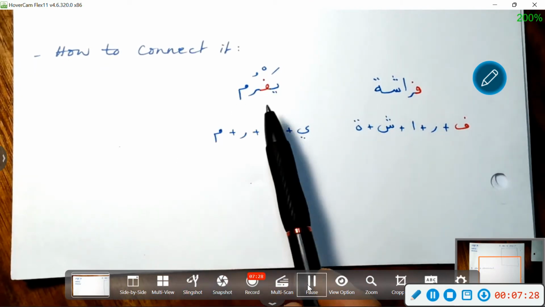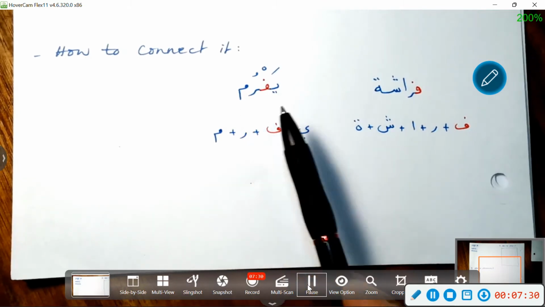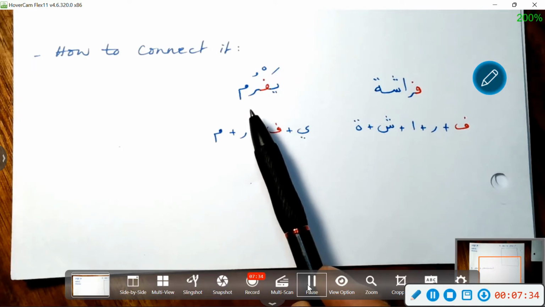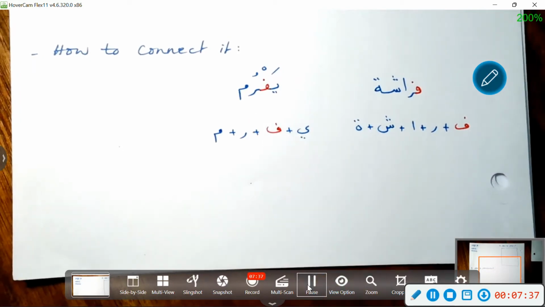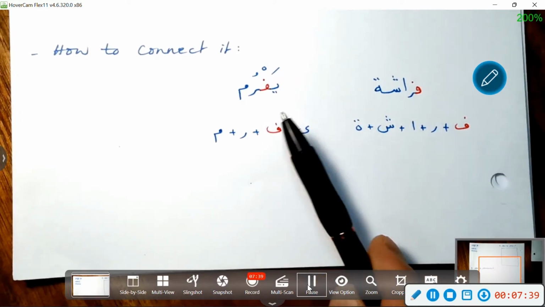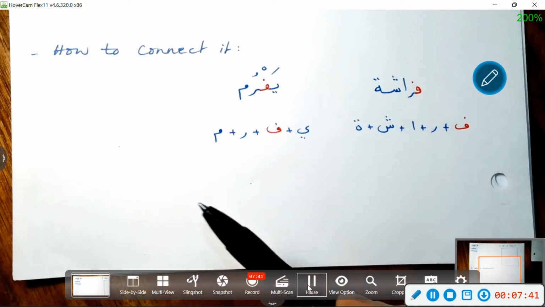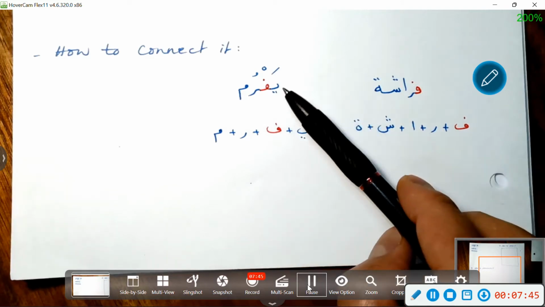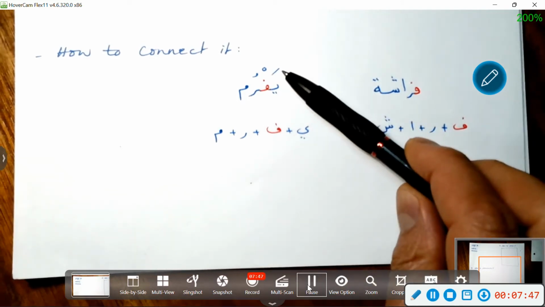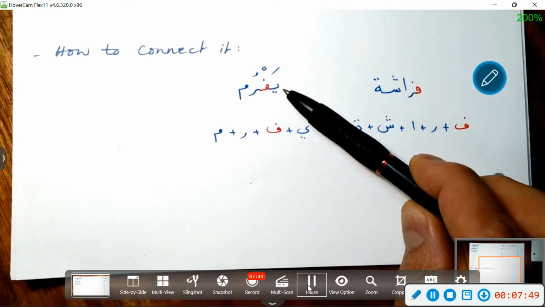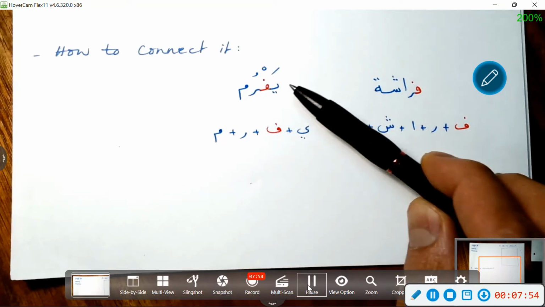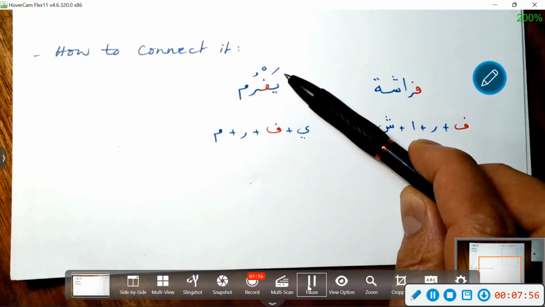Now in spoken Arabic we pronounce it as yufrum, not yafrum. In MSA or standard Arabic we call it yafrum. See the difference? A slight difference between yufrum and yafrum. Here we change the harakat, we put dhamma over the ya instead of fatha, but the meaning doesn't change.